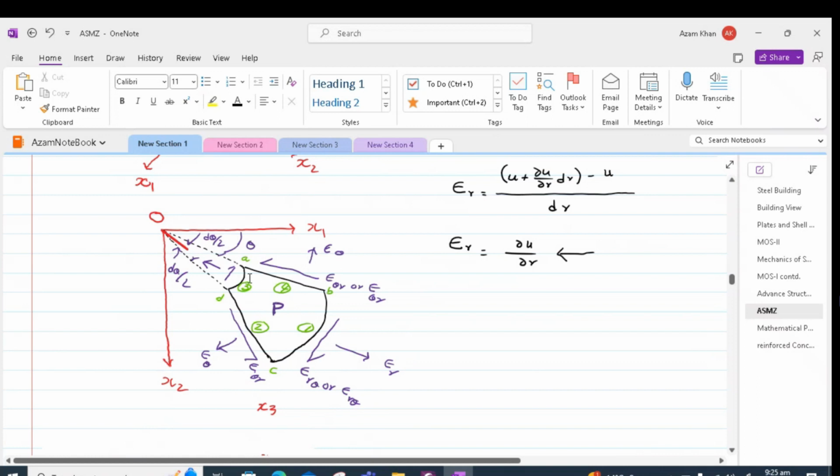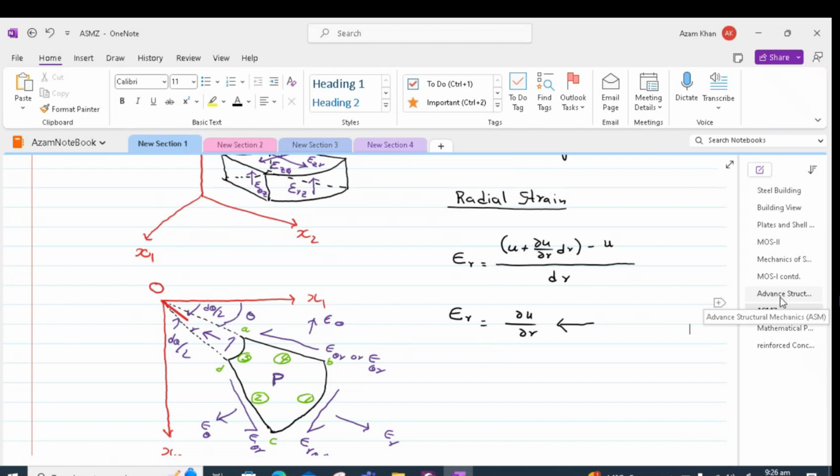This element is located at an angle theta from the OX1 axis, and AD, or the surface 3, is at a distance r from the origin O. Similarly, BC, or surface 1, is at a distance r plus dr from the origin O. In other words, in order to draw AD or BC, which are the sectors of a circle, we will need radius r and radius r plus dr respectively.